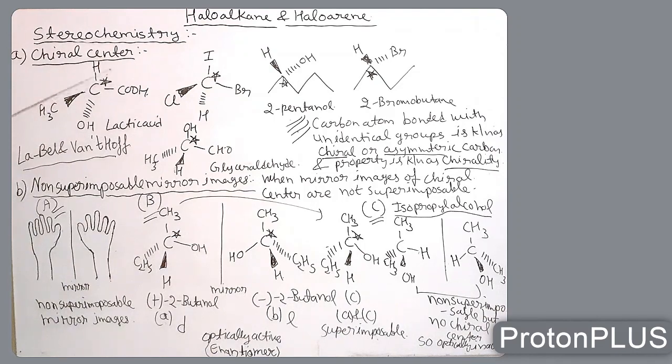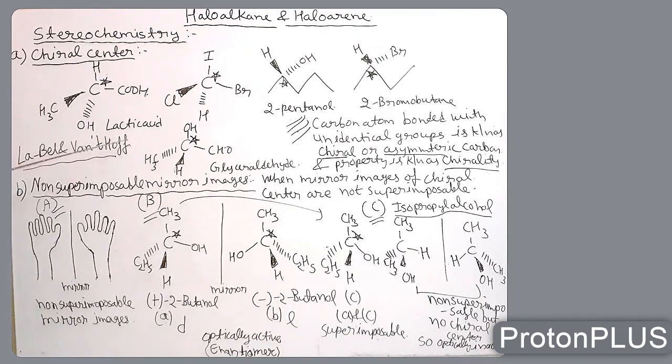So again it is having a starred carbon. In the next case, that is 2-bromobutane, the starred carbon is directly bonded to 4 non-identical groups, that is hydrogen, bromine, ethyl and methyl. Next we have taken glyceraldehyde.